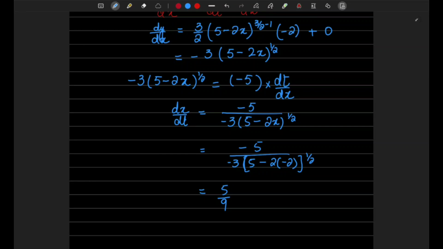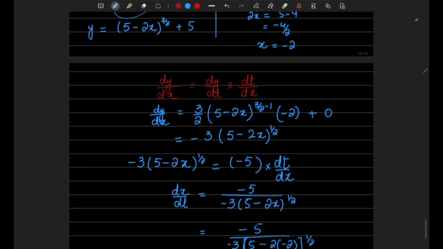Okay, so this is your final answer for dx over dt. The rate of change of x with respect to t is 5 over 9.